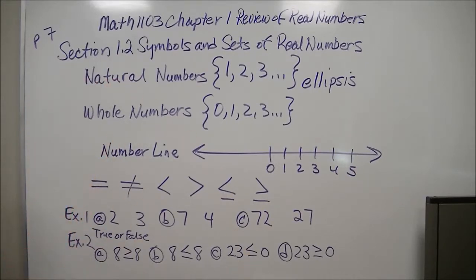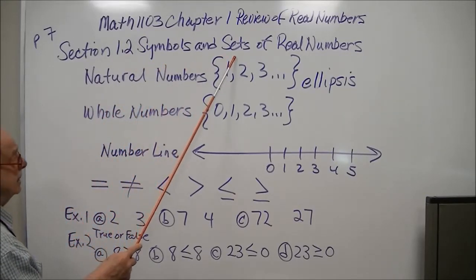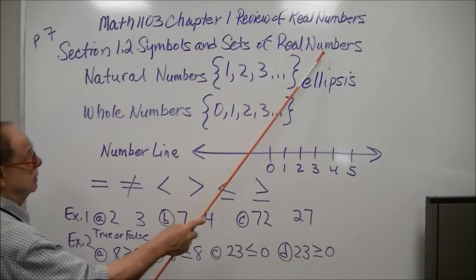It's something you could have done at home, but if you like to see it done, well, that's what this is. So for section 1.2, we're talking about symbols and sets of real numbers.